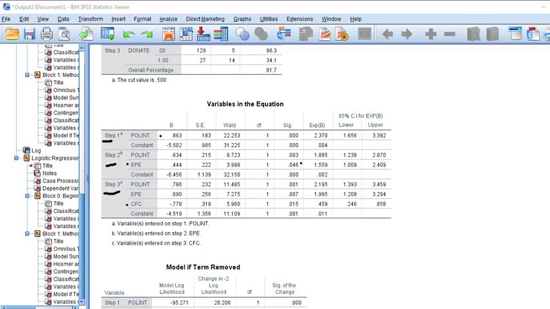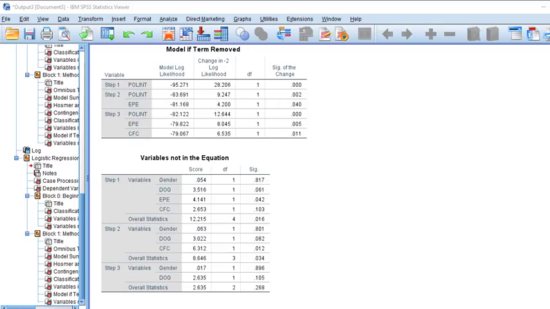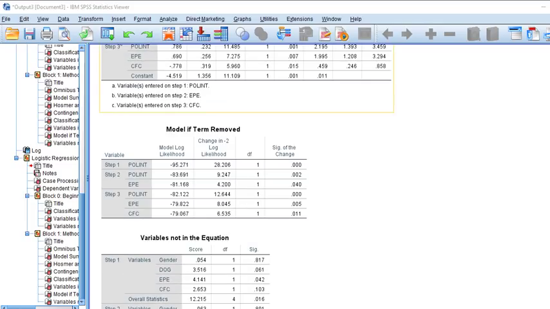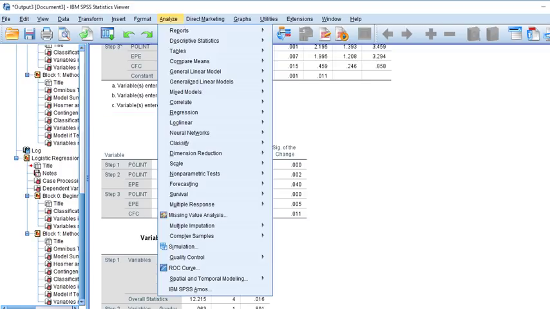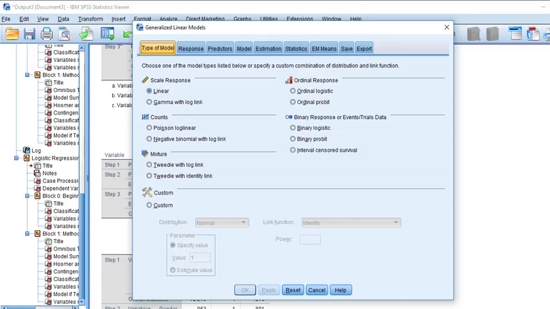So this is very much following the same logic as forward regression in the context of least squares regression. The last thing I want to note is that we could also run our logistic regression analyses through the generalized linear models option. So if we go there, you'll notice it says type of model, and we have all these different types of models that we could select.